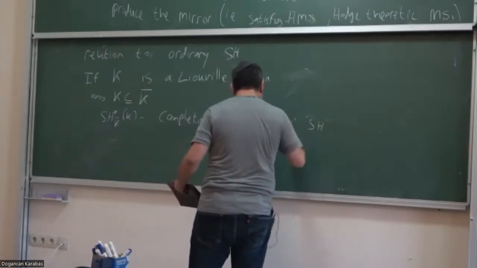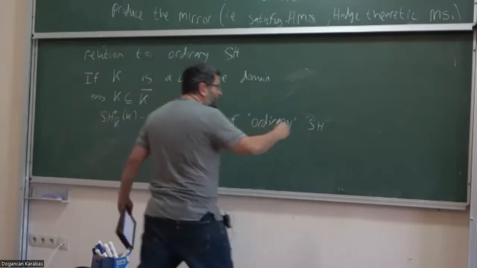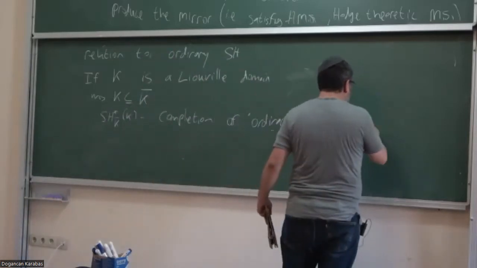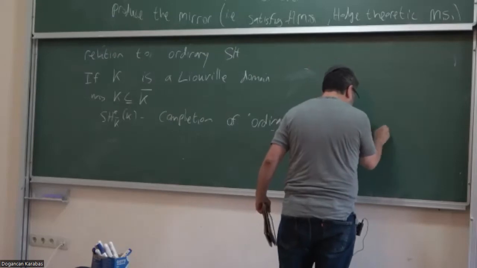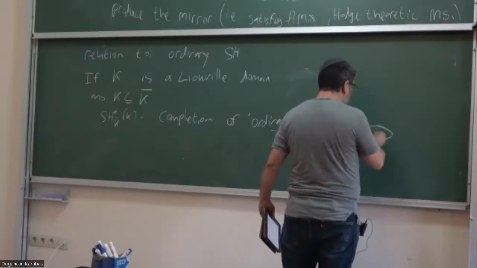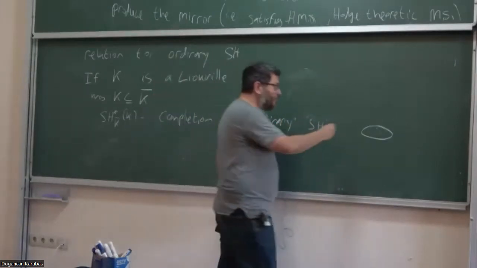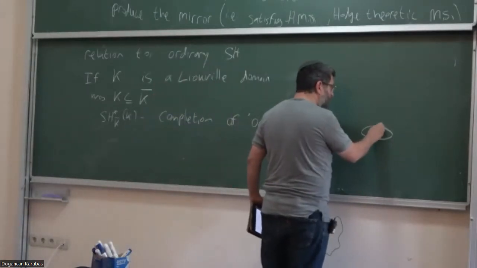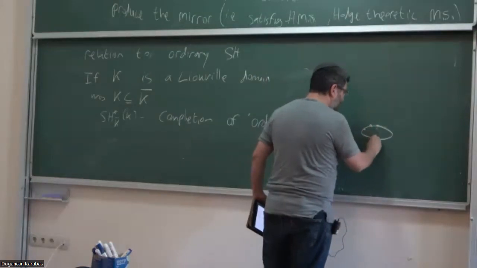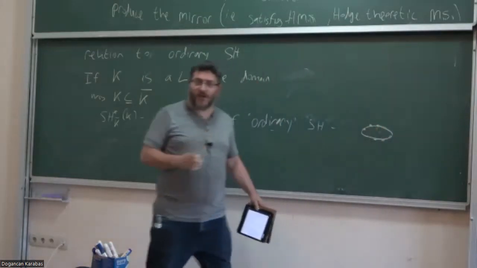The ordinary definition of SH is that you have this Liouville domain K, and being a Liouville domain means it has contact boundary, and on the boundary you have Reeb orbits.